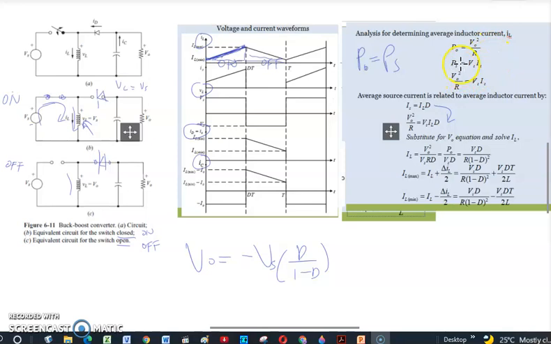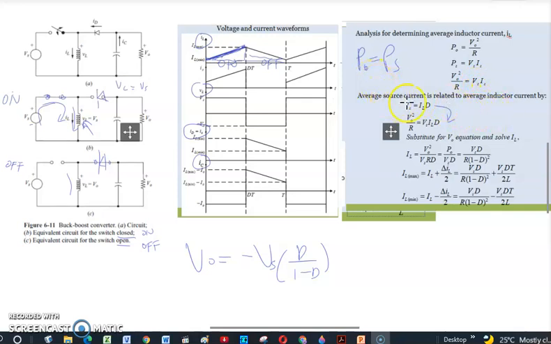The same goes for the input. P source is equal to V source times I source. When we equate both, V out squared divided by R is equal to V inductor times I inductor, or V source times I source.